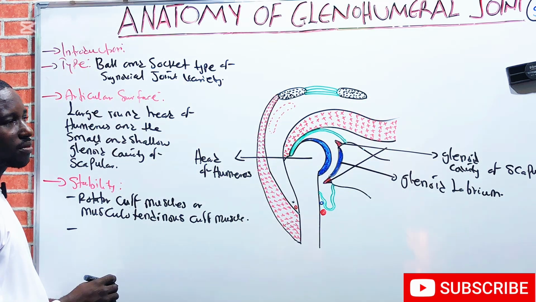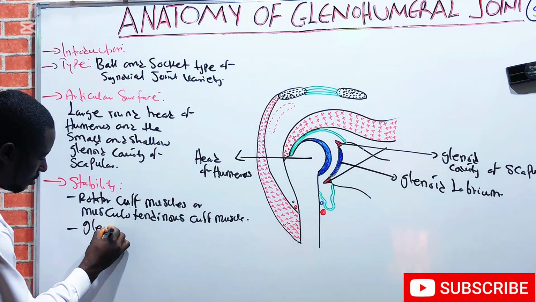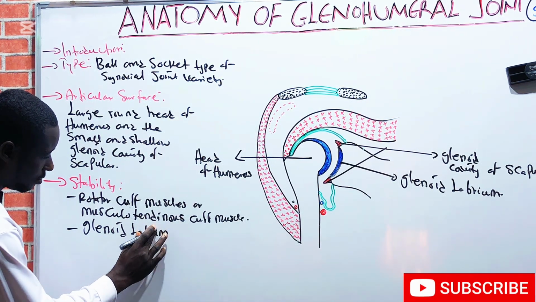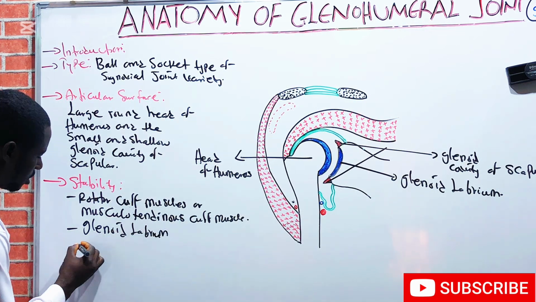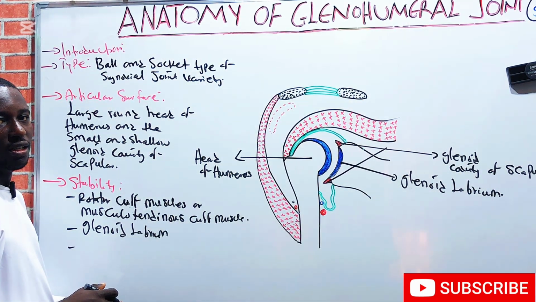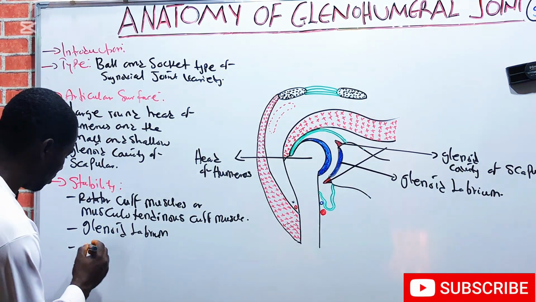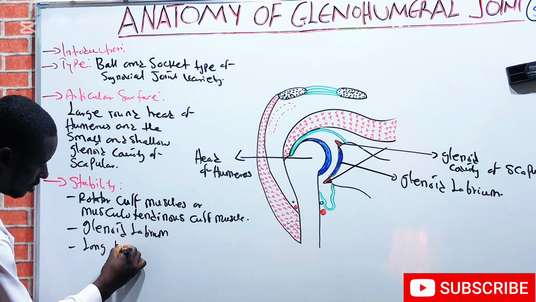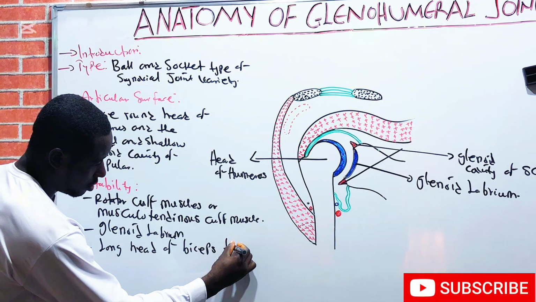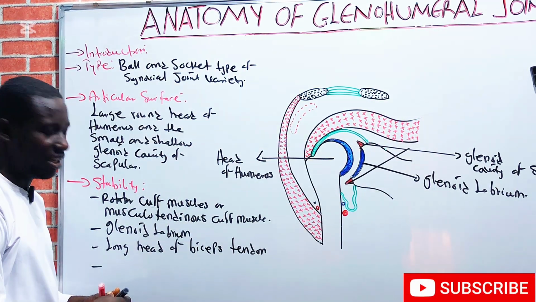Two is the glenoid labrum. Three is the long head of the biceps brachii, or the long head of the biceps tendon. Four is the coracoacromial arch.